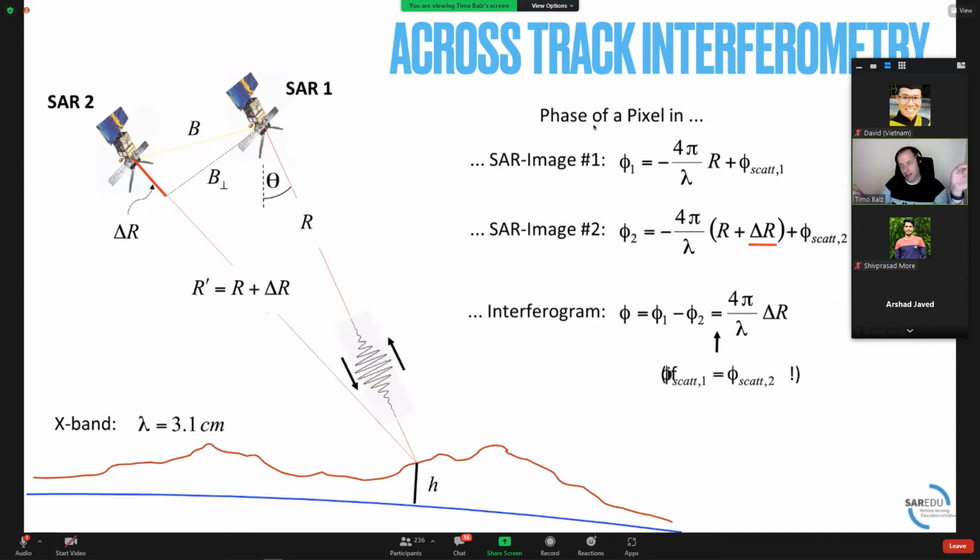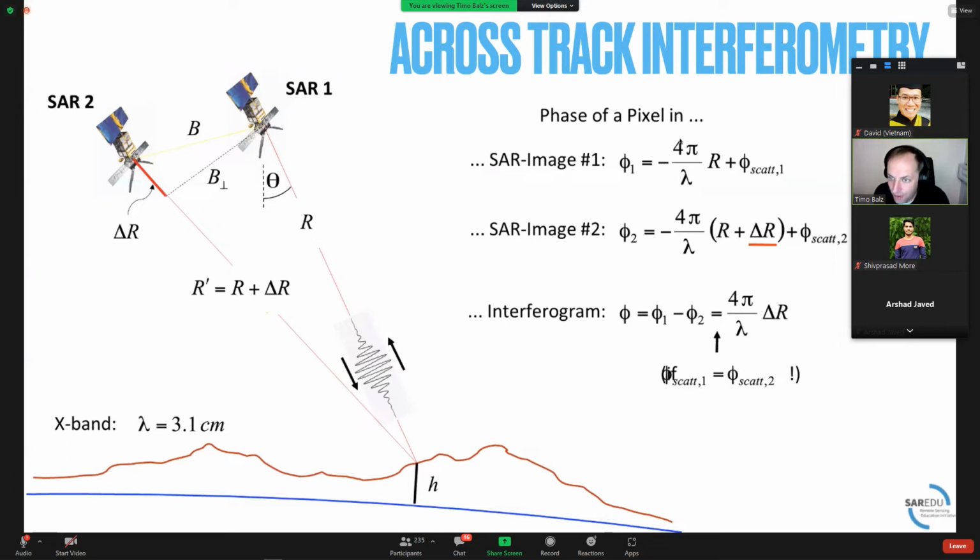If it's one way, it's 2 pi, because we give the phase in radians, not degrees. It's a sinusoidal function that spans 2 pi from here to here. So it would be 2 pi divided by the wavelength times the range to get to that phase value.